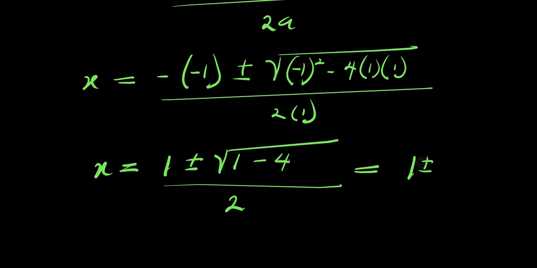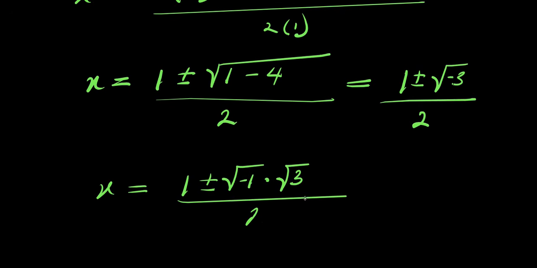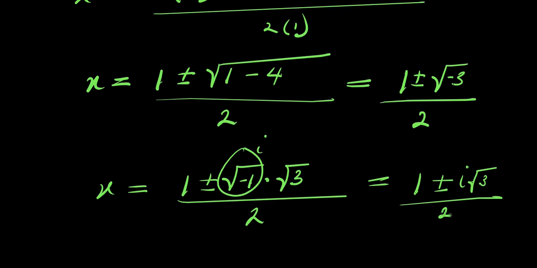This equals 1 plus or minus the square root of negative 3, divided by 2. So from here we have x equals 1 plus or minus the square root of negative 1 times the square root of 3, divided by 2. The square root of negative 1 is i. This equals 1 plus or minus i times root 3, divided by 2.